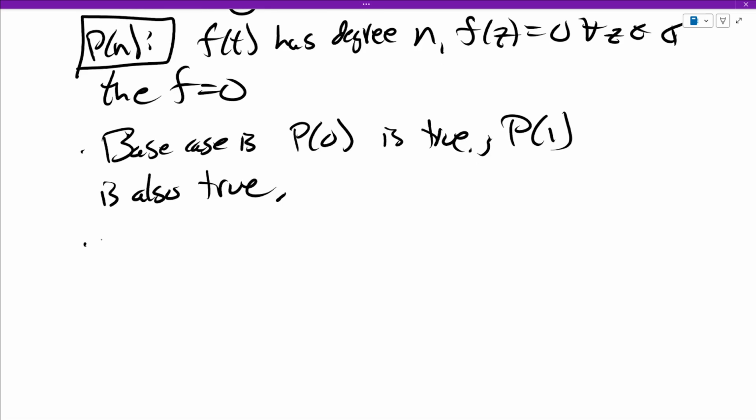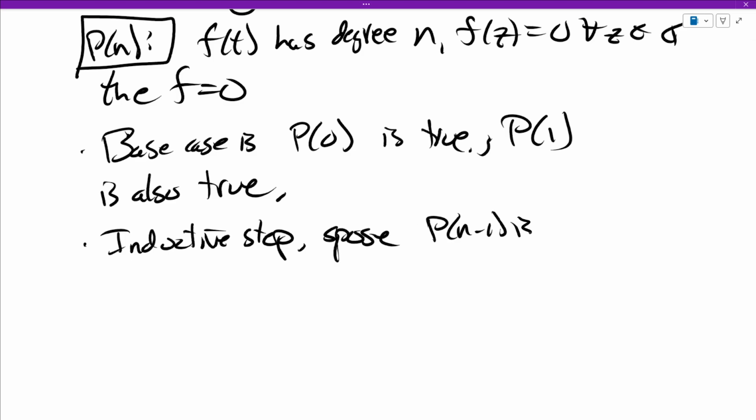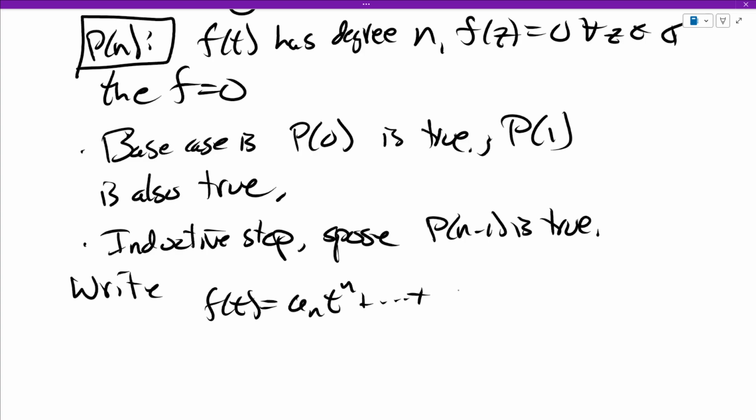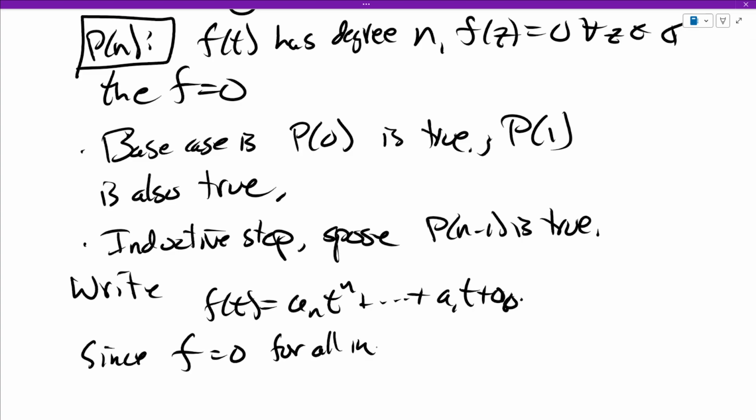All right, for the inductive step, suppose that P of n minus 1 is true. And we're going to write f of t is a_n t to the n plus ... plus a1 t plus a0. Since f is 0 for all inputs, it's 0 when we plug in 0.